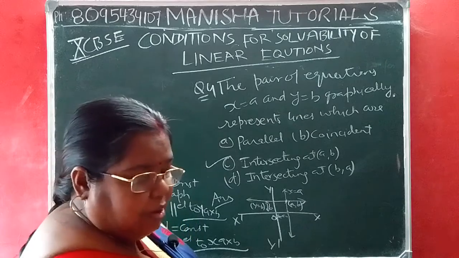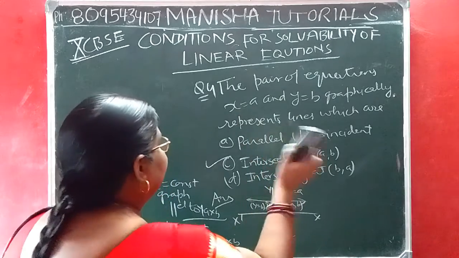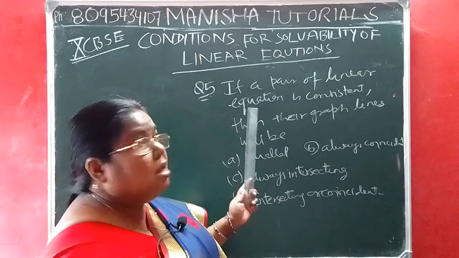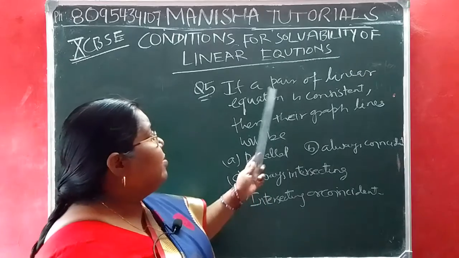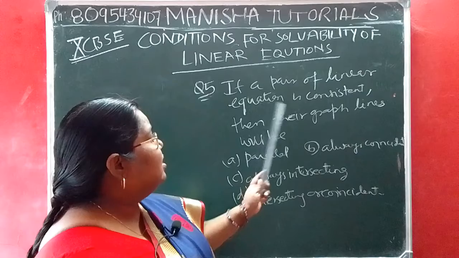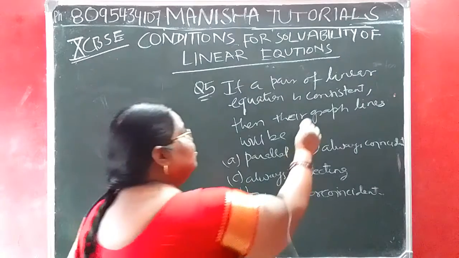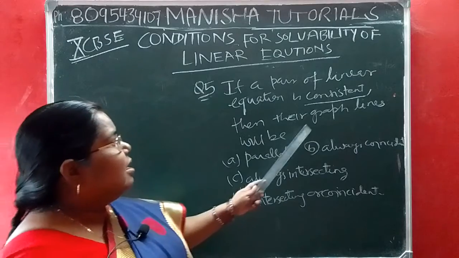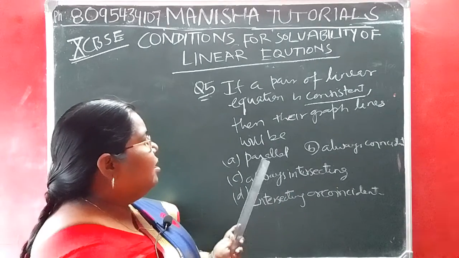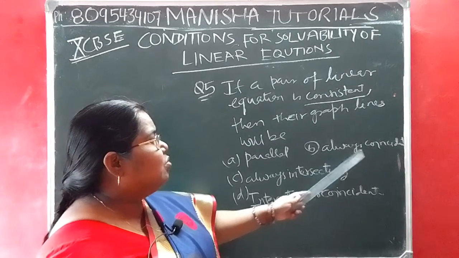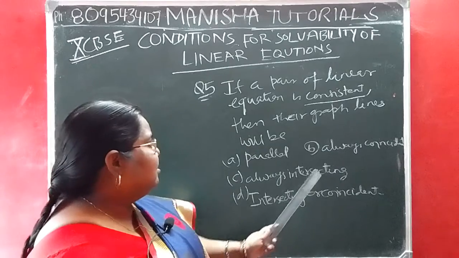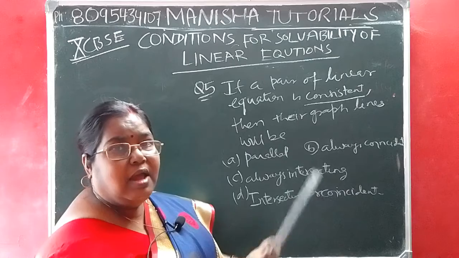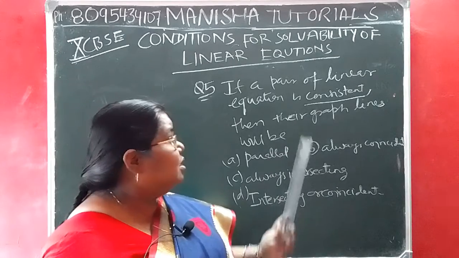Now come to question number 5. If a pair of linear equations is consistent, please keep this word in mind, consistent, then their graph lines will be parallel, always coincident, always intersecting, or intersecting or coincident. How will you choose the answer?